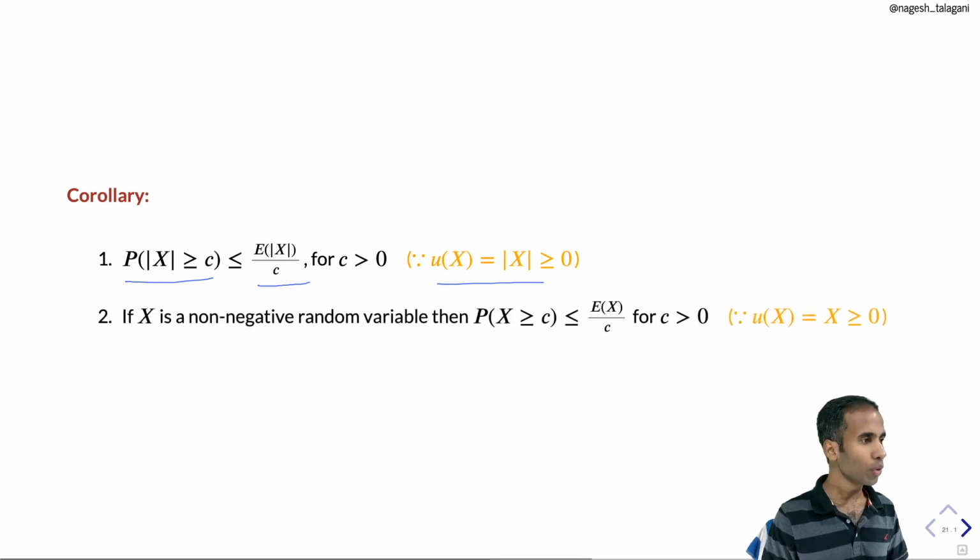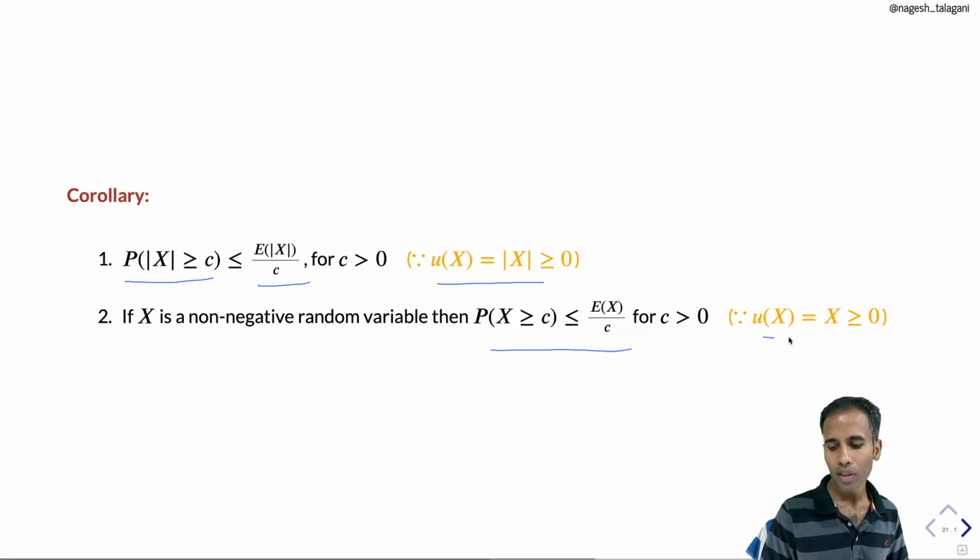Next, corollary 2. If x is a non-negative random variable, then the probability of x bigger than or equal to c is less than or equal to the expectation of x divided by c, for any c positive. X being a non-negative random variable means it takes only non-negative values. Again this follows from Markov's inequality.